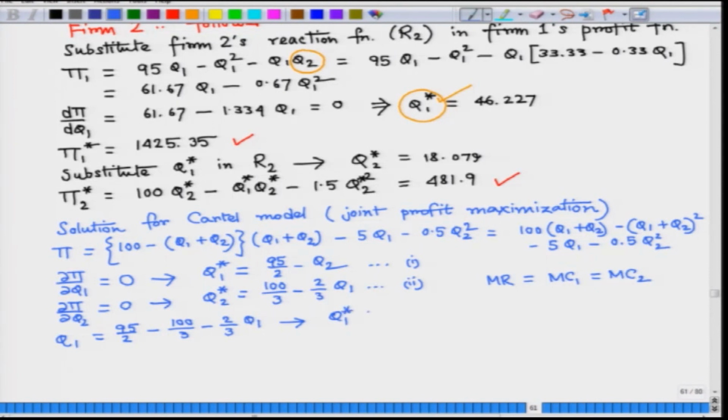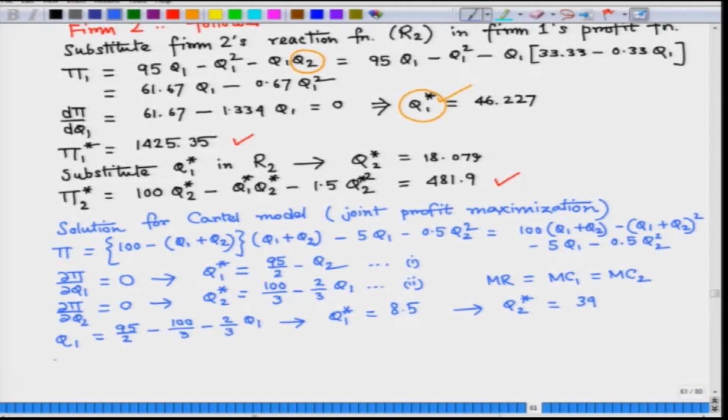So, I get Q1 star equal to 8.5, right. Okay. Then I can plug this value of Q1 star in equation 2, so that I can solve for Q2 star, and if I do so I get Q2 star equal to 39. Okay.